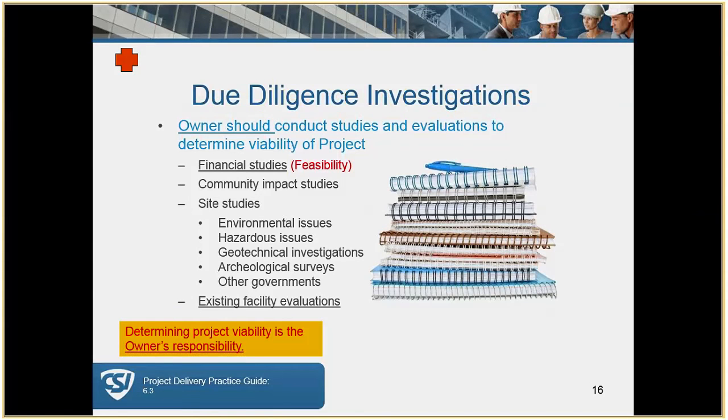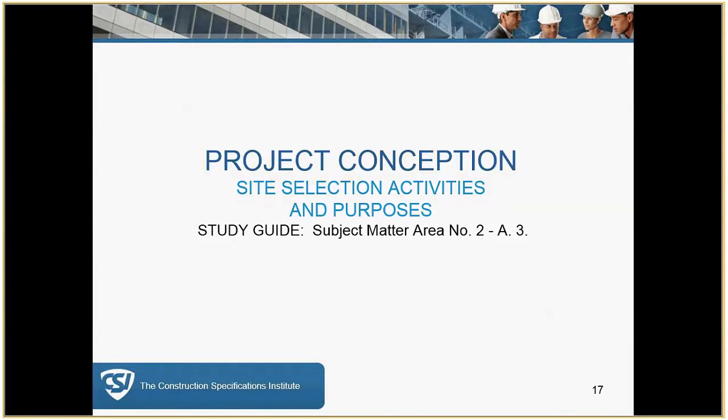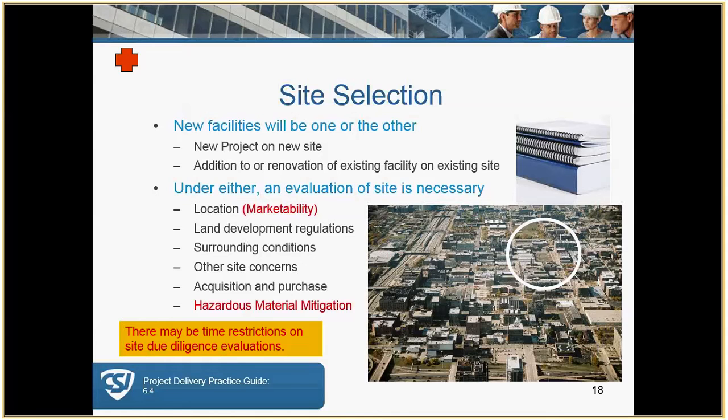Okay, we're still under our first topic of project conception. Now we're going to talk about site selection. So, new facilities, you're going to either have an existing site, a renovation on it, or a new site. And under either of these examples, you still need to evaluate the site and location, marketability, the land development regulations, surrounding conditions, other site concerns, acquisition and purchase, and hazardous material mitigation.